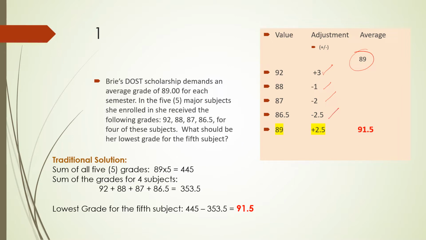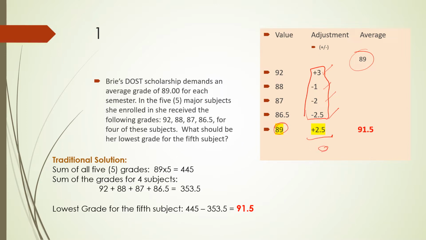So what we will have to do is reflect for the 5th subject the average of 89, and then we need to cancel out all of this, so that the sum of all of these adjustments becomes 0.